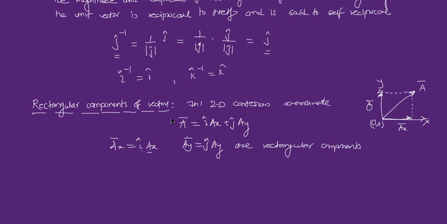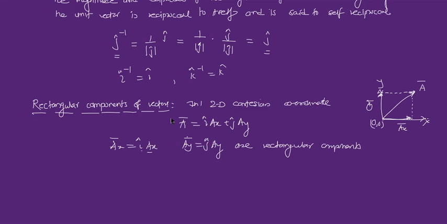Remember, this is AY, this is AX, and this is a right angle. So the magnitude of A is equal to the root of AX square plus AY square. Remember, magnitude is a scalar.